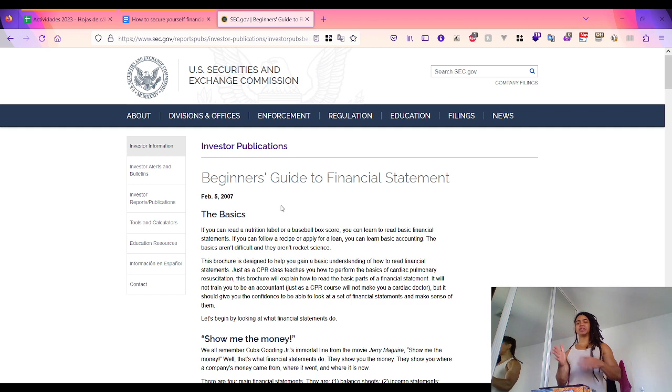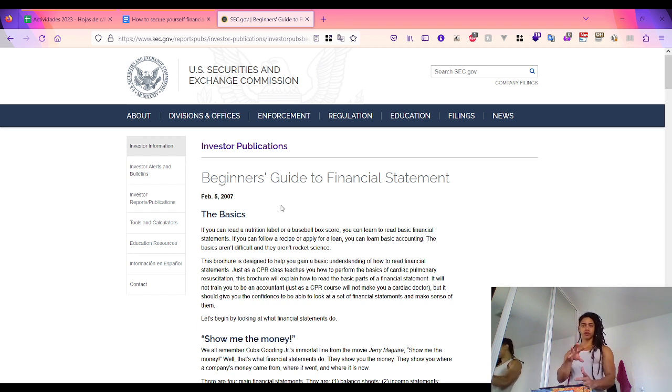So financial statements show you the money. After all, that's what they do. They show where the company's money came from, what it is now, and where it went. There are four financial statements. The balance sheet shows what a company owns and what it owes at a fixed point in time. The income statement shows how much money a company made and spent over a fixed period of time.